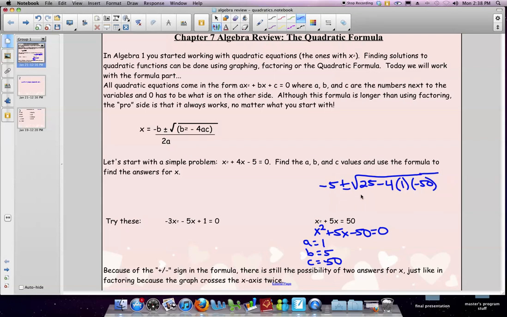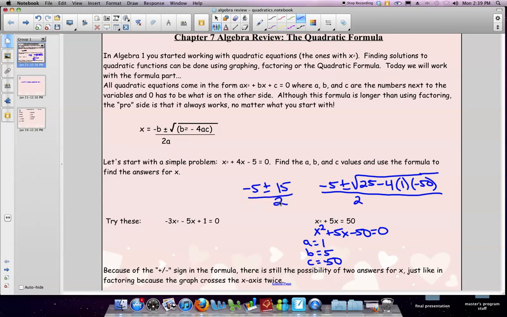That's going to give me the square root of 225, which is 15. Remember to put that all over 2 times 1, which is 2. So I get negative 5 plus or minus 15 over 2, after taking the square root.